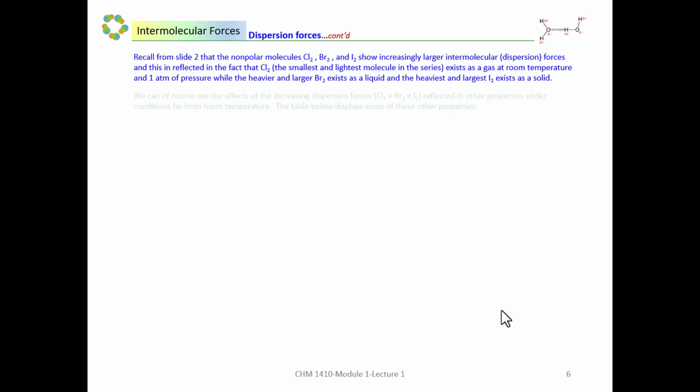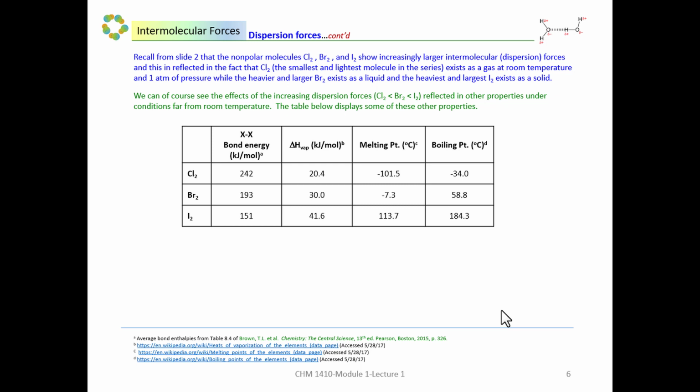We can of course see the effects of the increasing dispersion forces reflected in other properties under conditions far from room temperature for these 3 molecules. So here's a table of data to consider. We know that dispersion forces are increasing as we go from chlorine to bromine to iodine.